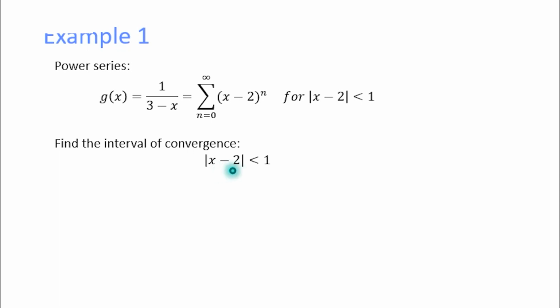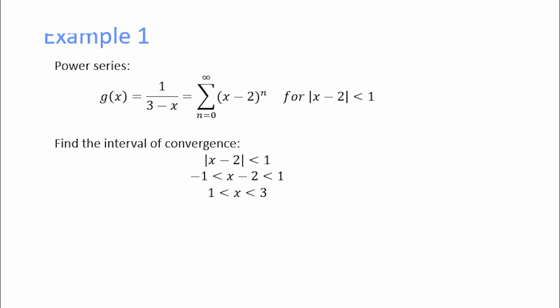This means x minus 2 is between minus 1 and plus 1. Now we need to add 2 to each side, so we will see that x is between 1 and 3. This means that when we graph the function and the sixth partial sum, we will focus on this interval to observe how the two graphs fit.